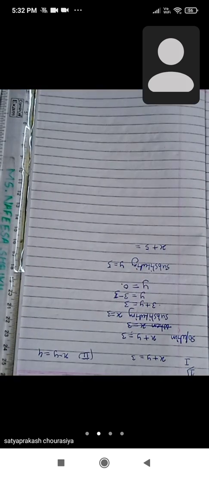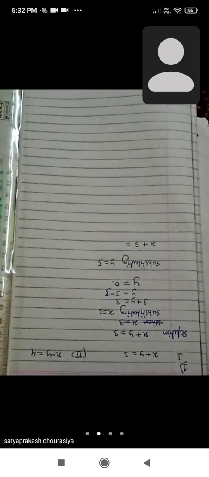Remember this, students make mistakes: they always substitute the value of y, but here when the value of x is given, you have to find the value of y, and when the value of y is given, you have to substitute the y value in place of y.